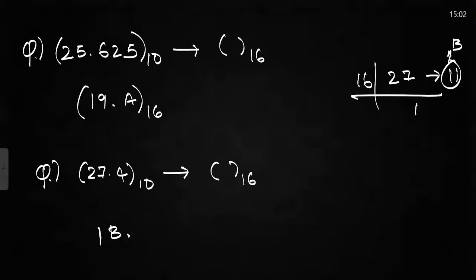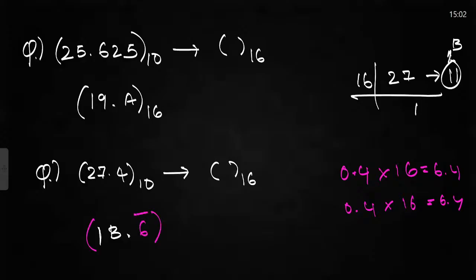So we will have 0.4 into 16. Then you will get 6.4. And again you take 0.4 into 16, so you again get 6.4. So then you will get 1B point 6 bar in hexadecimal.